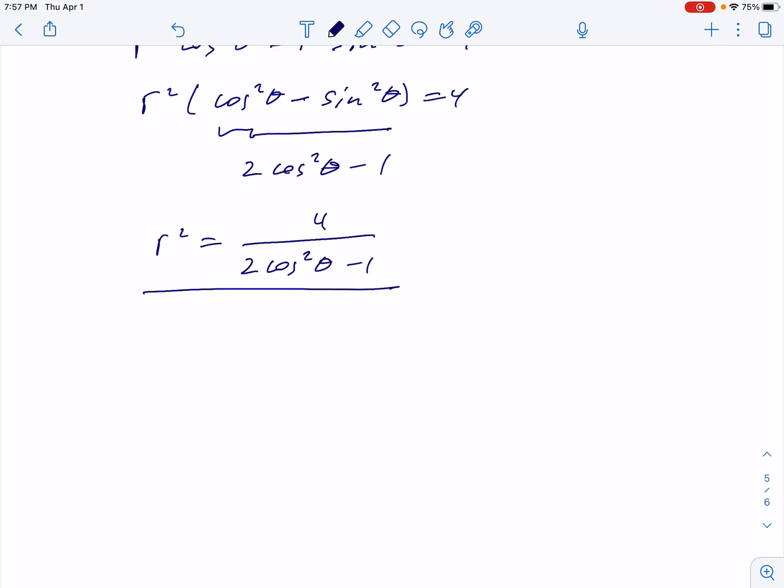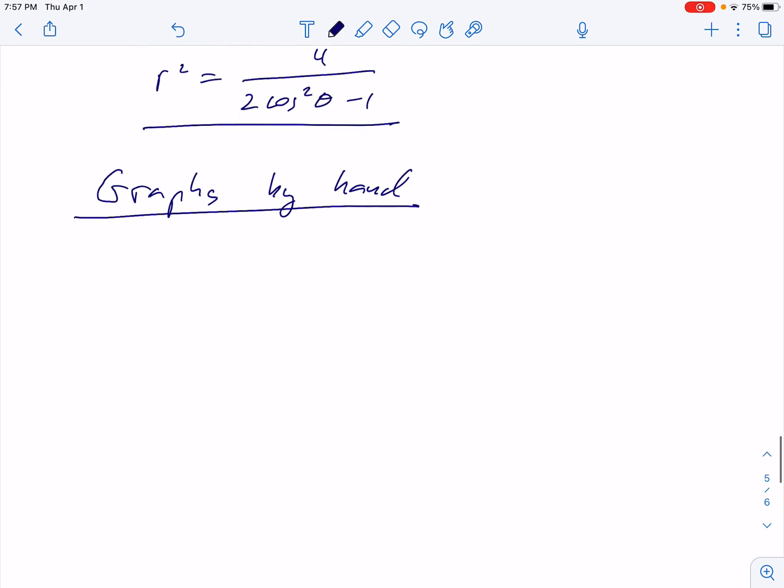It should be in polar mode and always radians, of course. At the same time, it is good to plot polar curves by hand. Graphs by hand. So I want to show you such examples.